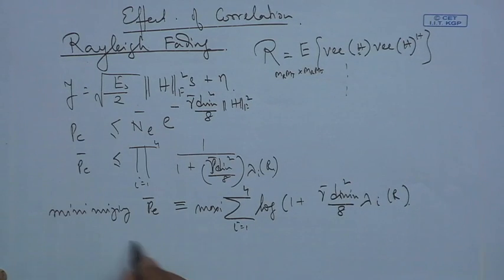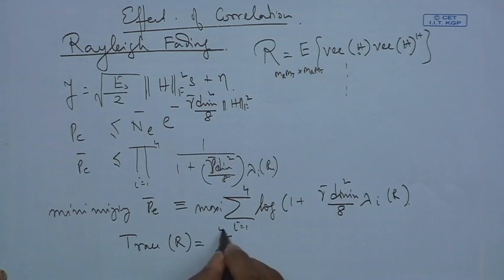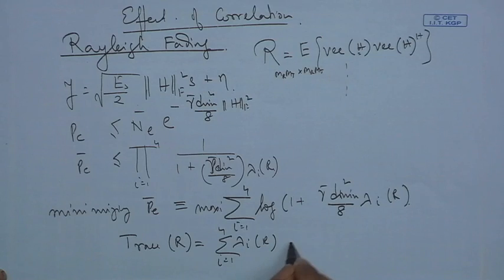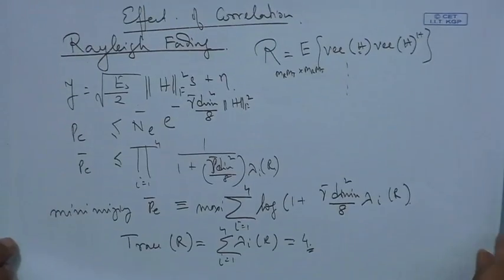We also have trace of R equal to the sum from 1 to 4 of lambda i of R equal to 4, again with the total power constraint. This is the total power constraint of the channel that is required.